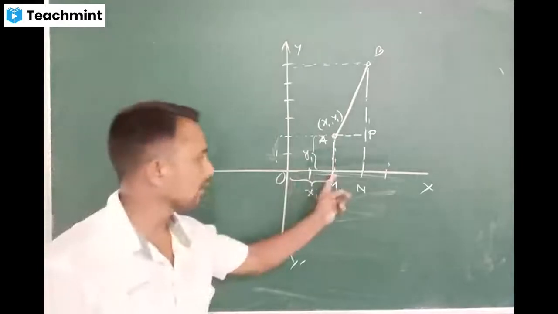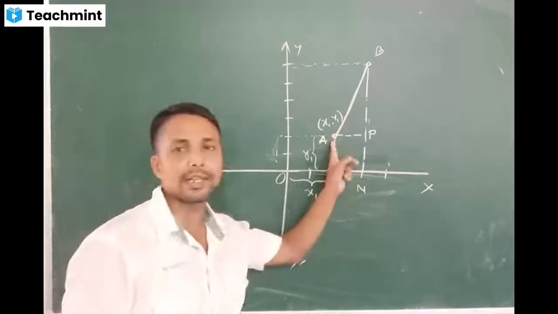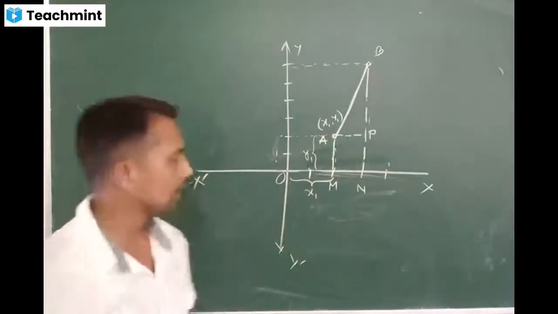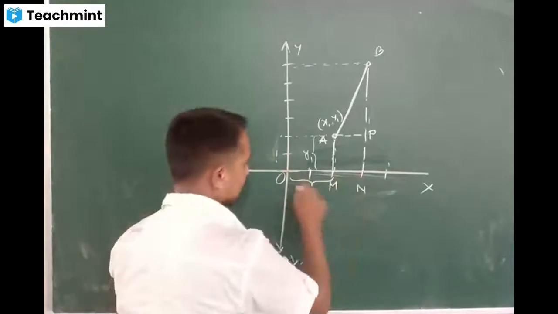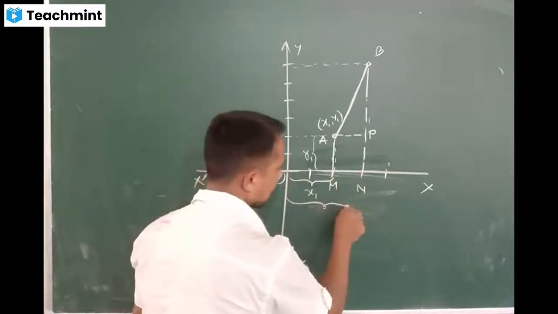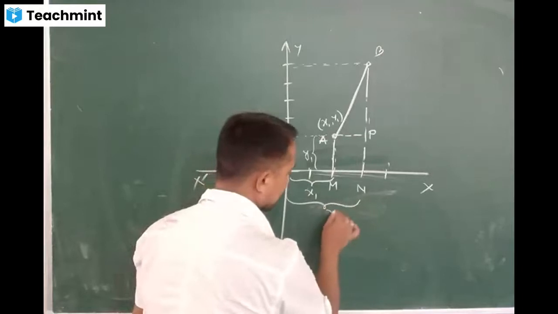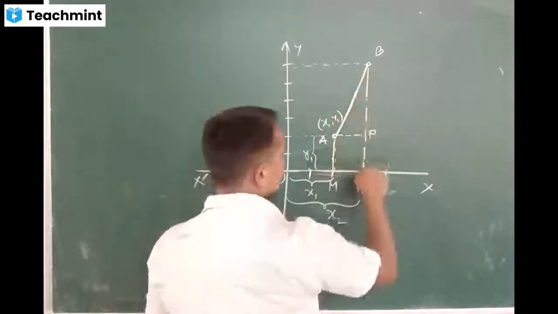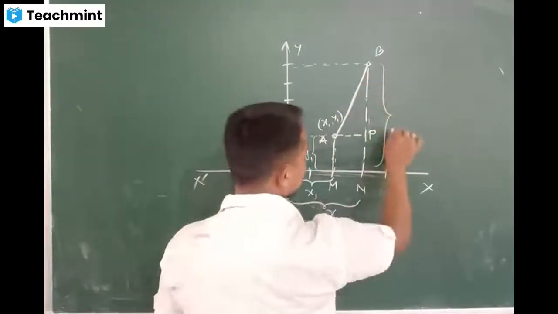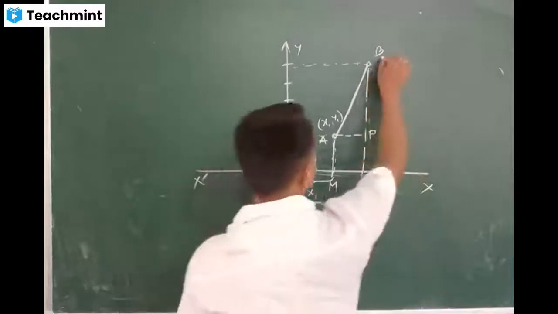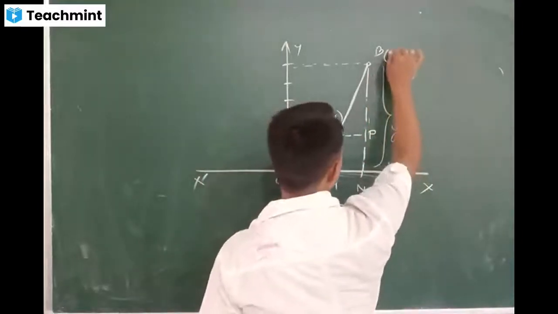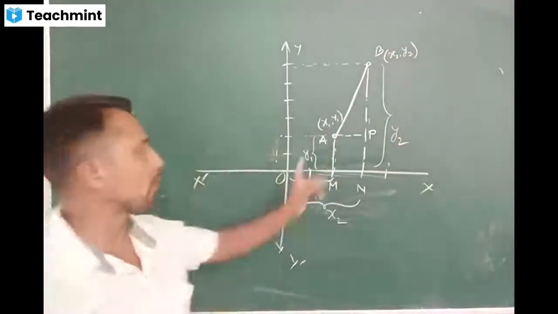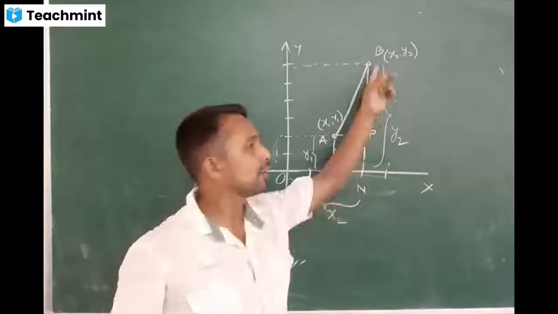So go x1, then y1, and you get this point. Then the whole distance till here is the x2 distance, and from here till here is the y2 distance. So this point is named (x2, y2). Now we need to find the distance between the coordinate points (x1, y1) and (x2, y2).